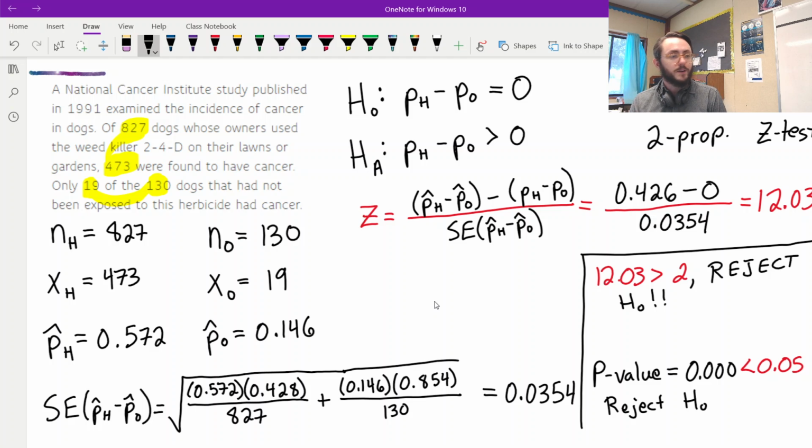Somehow we managed to get data that was extreme enough by random chance that would cause us to reject the null. The probability of that type 1 error is the p-value. And we see how small it is right now. So there's basically no need to worry about it in this case.